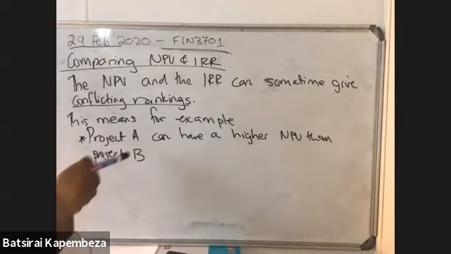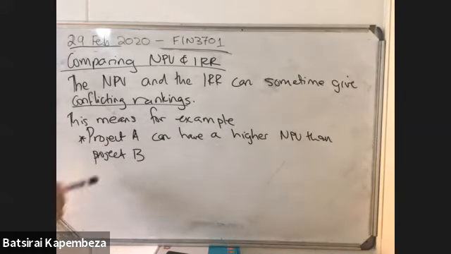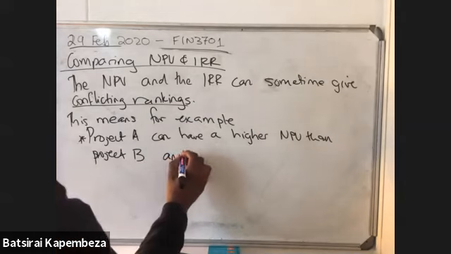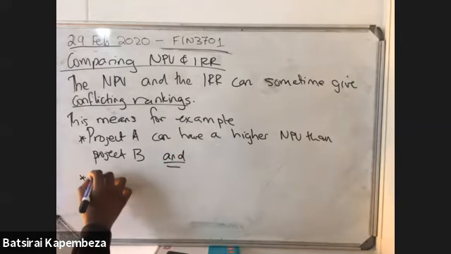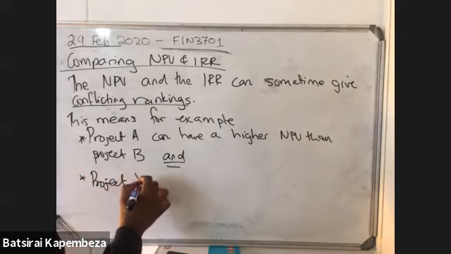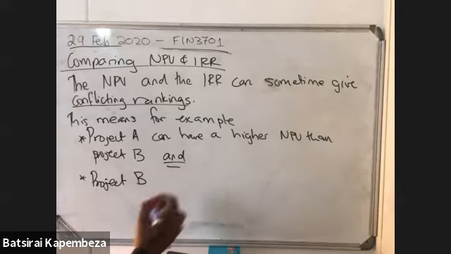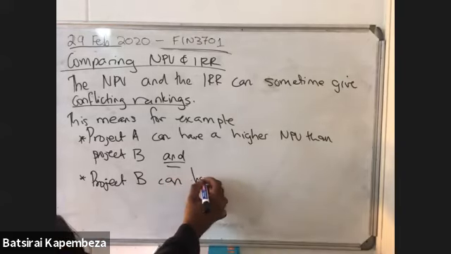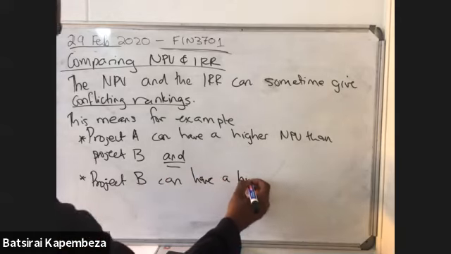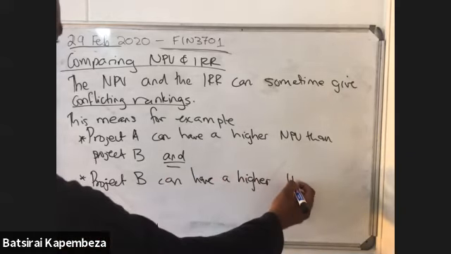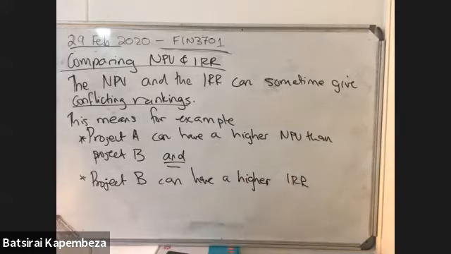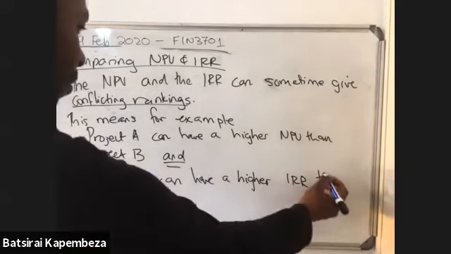So you see, A is said to be better than B based on the NPV. And project B can have a higher internal rate of return, a higher IRR than project A.